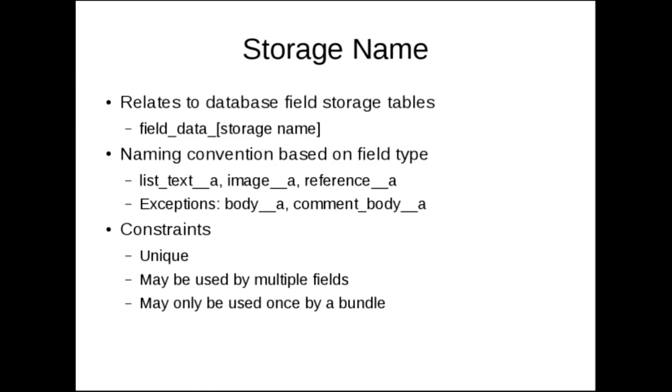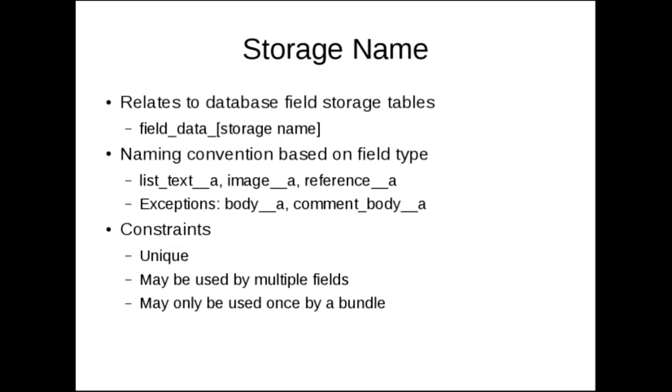The exceptions we left in were body and comment body because they're defined by core, and you'd probably mess up a lot of things. So instead of calling this what's called long text with summary or something like that, we left it as body. So the thing with this is that, just like the field names had to be unique, right?